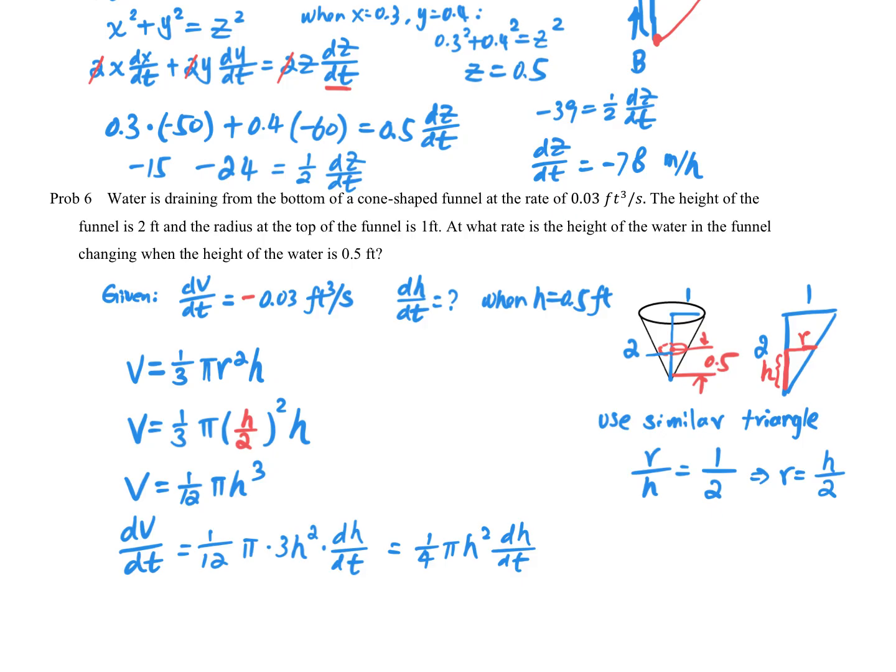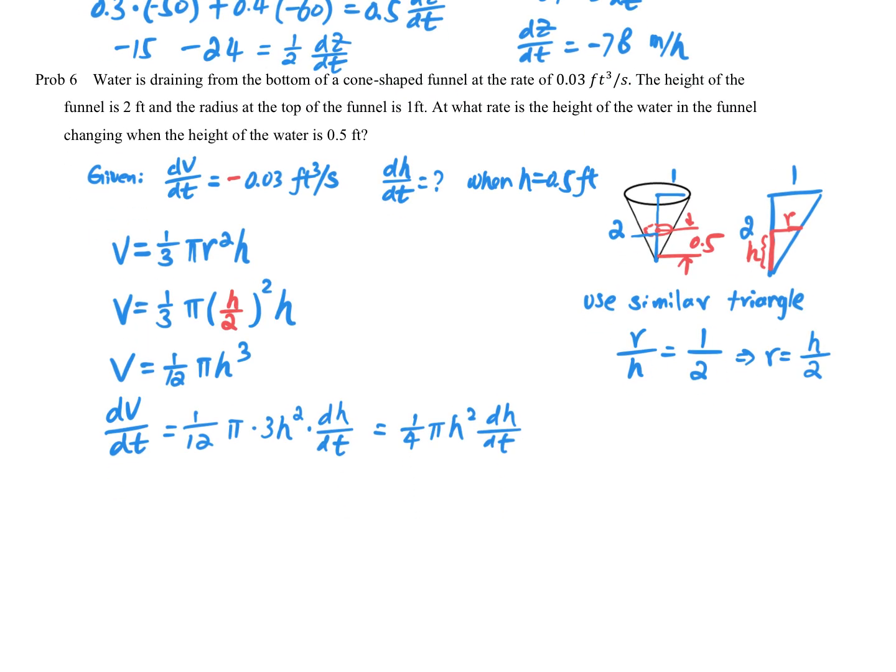Now, I think we are ready to find dh/dt using all the information given, right? So we have dV/dt is negative 0.03 equals 1/4 pi times h is 0.5, and then squared, times dh/dt.